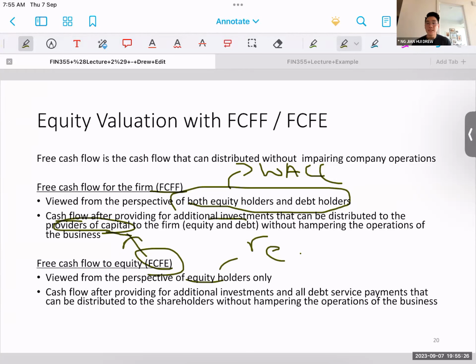It means that we need to remove the cost of providing additional debt payment, right? We need to remove that. Then we can consider the FCFE. You will see this more clearly when we look at the formula, that this debt service obligation has to be removed away.